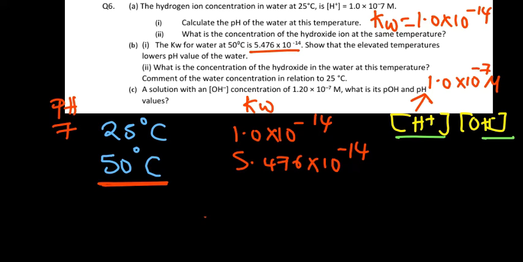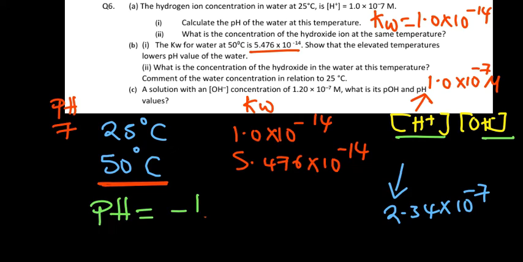So the new concentration value here would be 2.34 times 10 to the power negative 7, which entails that we've seen an increase in the hydrogen ion concentration. The pH is dependent on the negative log of it.